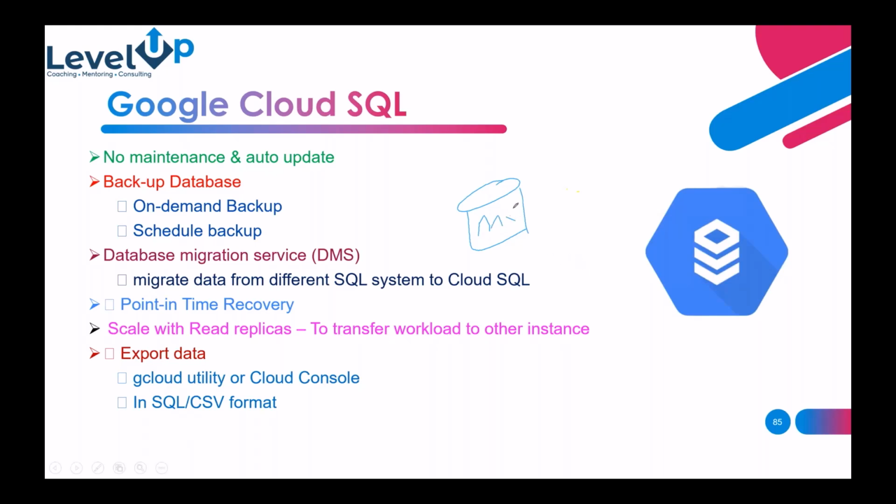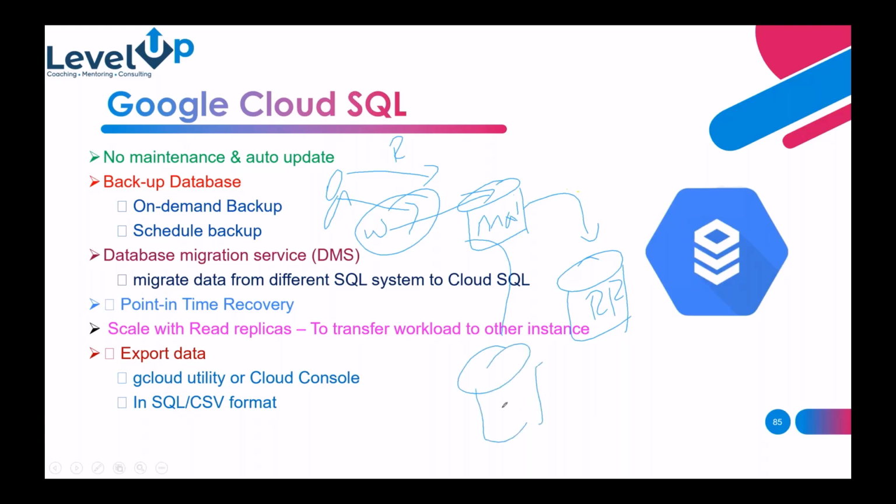Exactly. So let's say this is our main database, and I'm taking a replica of this. Now I'm saying this is a read replica. That means if you are getting read operations and write operations from users, all the write operations will go only to the main database. And from here, I can create multiple read replicas, so your read traffic can be distributed here.